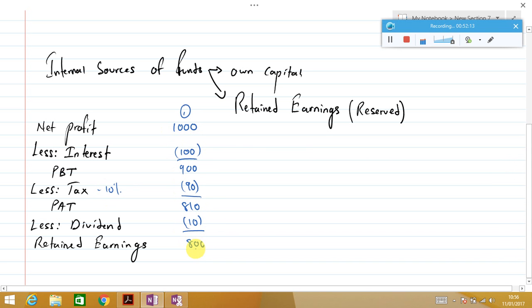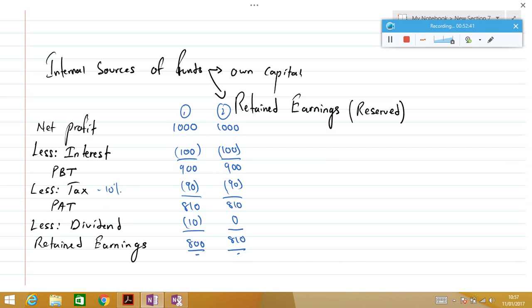That's the first situation. Now we have to compare with the second situation. Same thing: 1,000, interest 100, so you get 900, tax 90, you get 810. But you never pay dividend. Now, let's compare the first and second. Which one do you like?